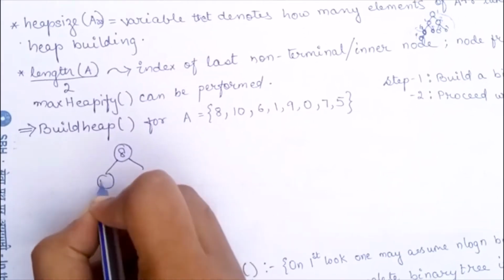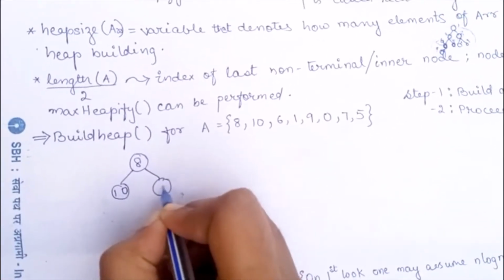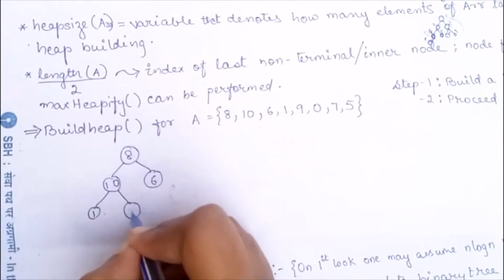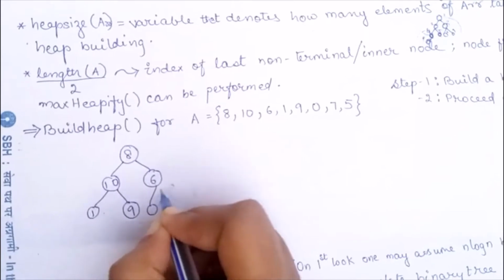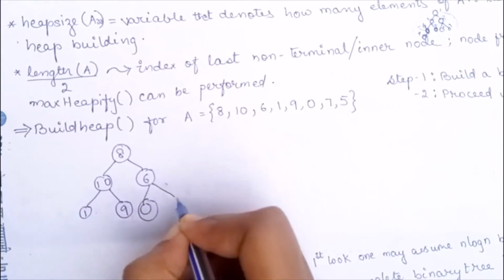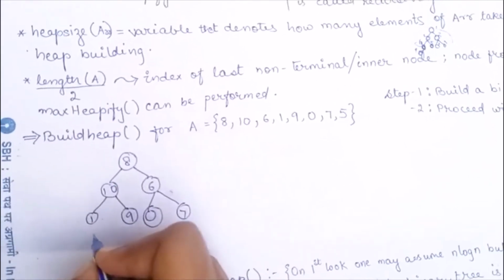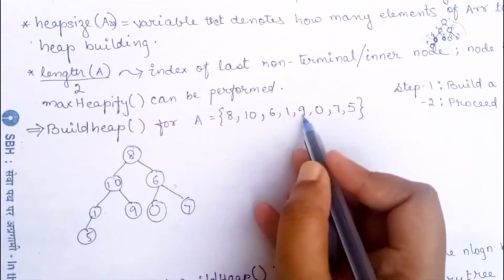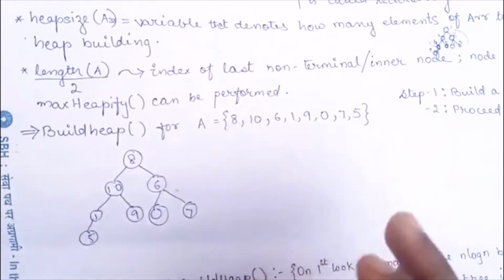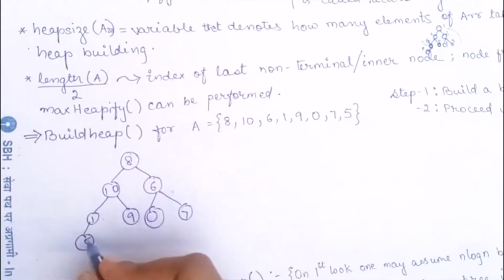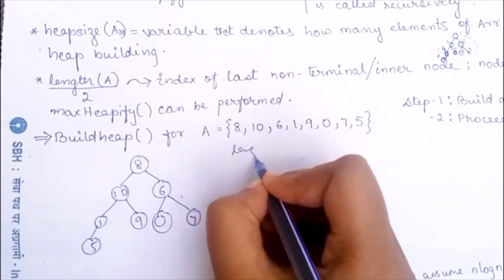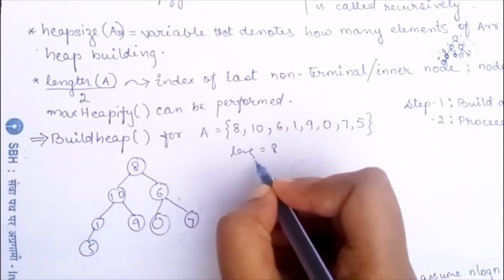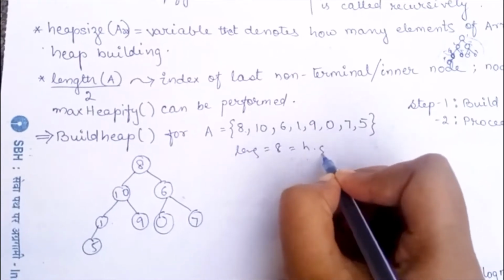8, then 10, here 6, here 1, 9, 0, 7, 5, 1 2 3 4 5 6 7 8. Okay, so we start with length 8, same as the heap size.